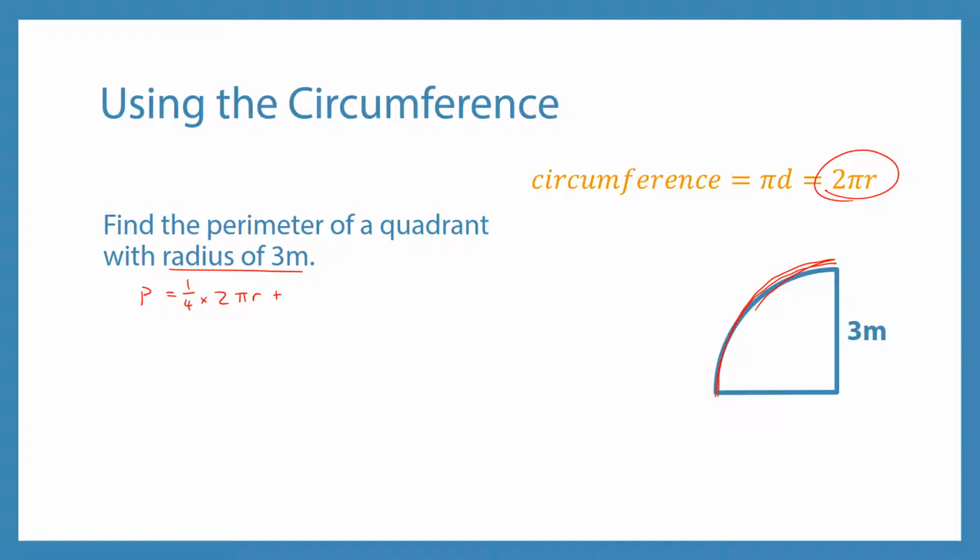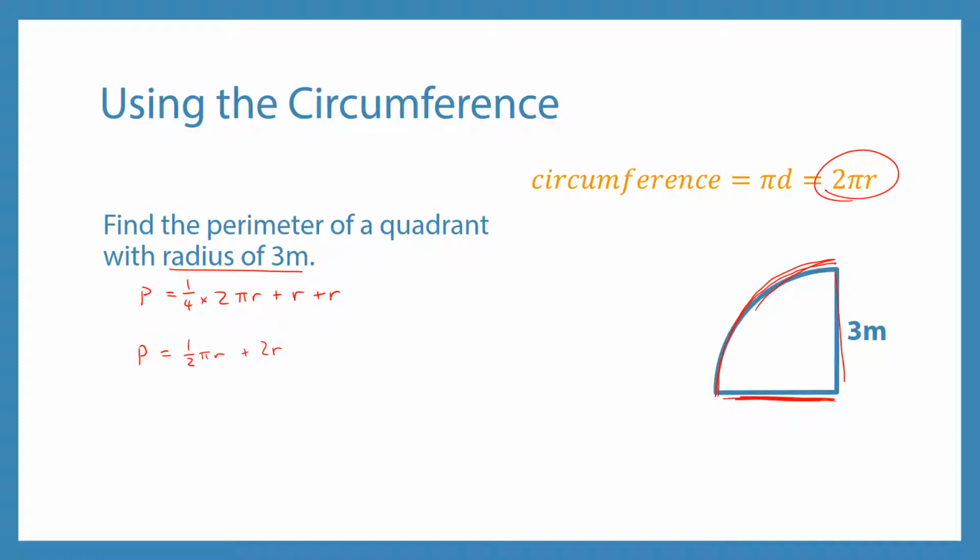Next, we have to add the 2 radii, so we're going to have plus r plus r. So if we simplify this one a bit, a quarter of 2 is a half pi r. And then we're going to add 2r.